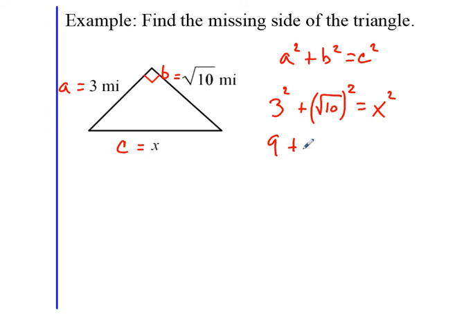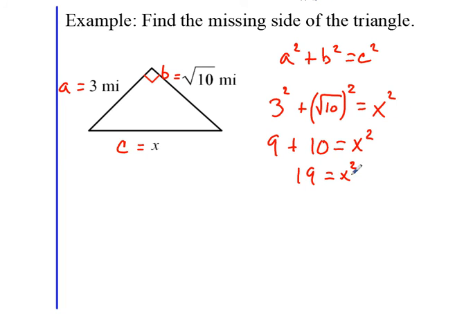That's 9. But then what about square root 10 squared? Well, since a square root and a square are opposite of each other and they undo each other, if you square root a number and then square it back, you're just going to end with a number. We don't get 100, we just get 10.